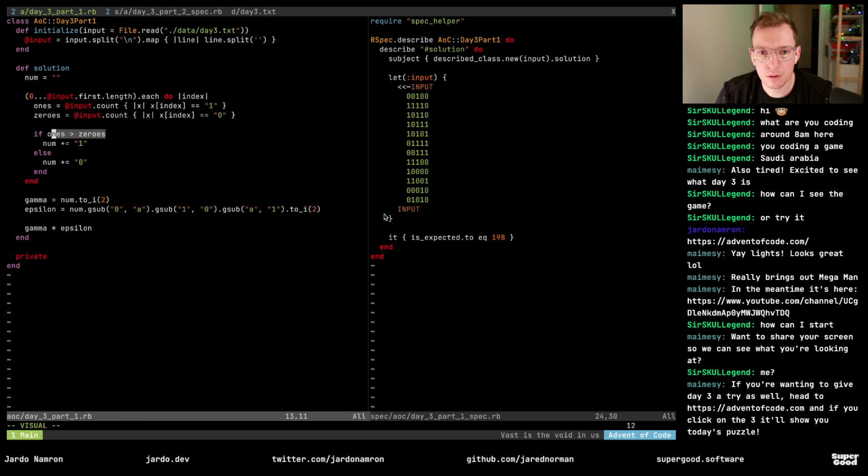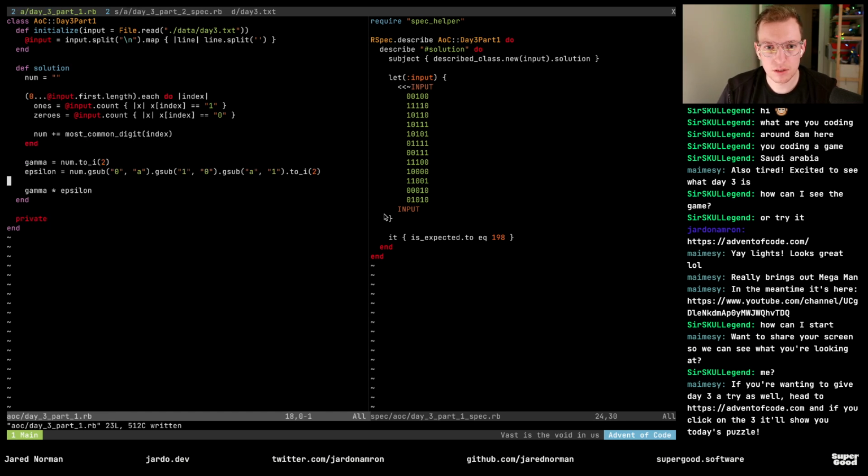And then I want to do that for now. Actually, I want to do, so I need to implement a most common digit method that takes the index.